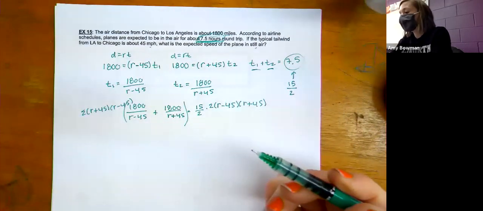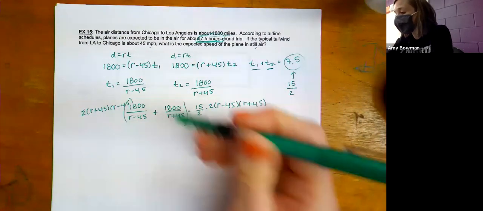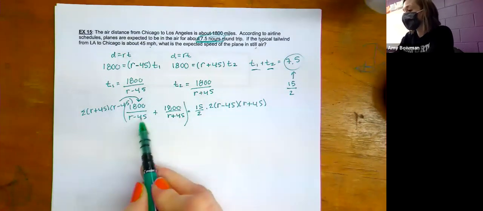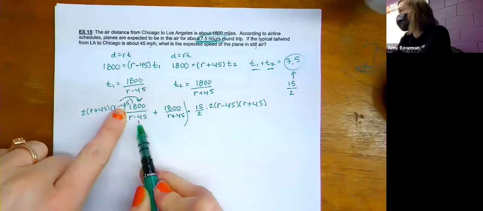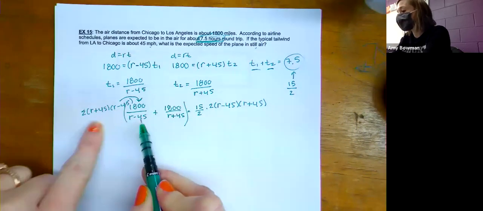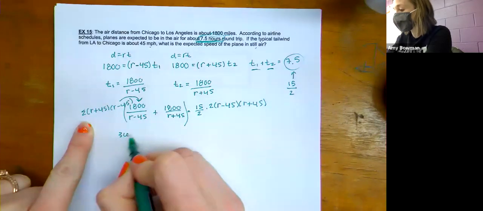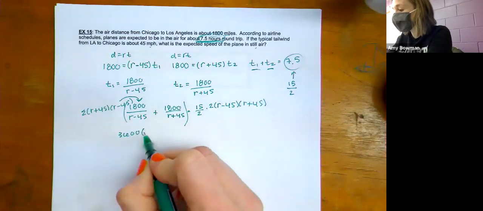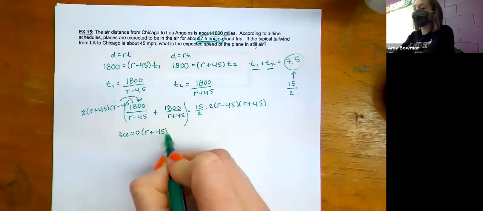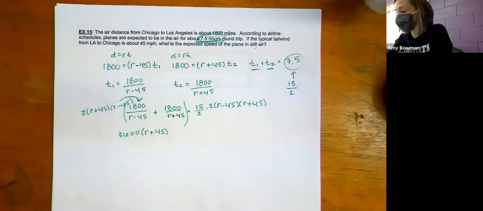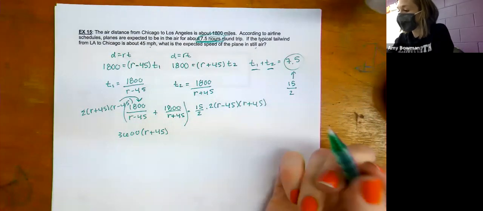Now, carefully multiply by everything on the left. When you multiply by the first fraction, whatever the denominator is, it's going to cancel with that piece of what we're multiplying by. It's going to leave me with 1,800 times 2, which is 3,600, times R plus 45. Just a warning, you're going to be working with big numbers. That's okay. Big numbers work just like little numbers do. Multiply by the second one.